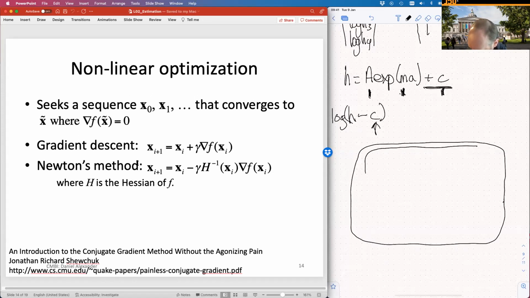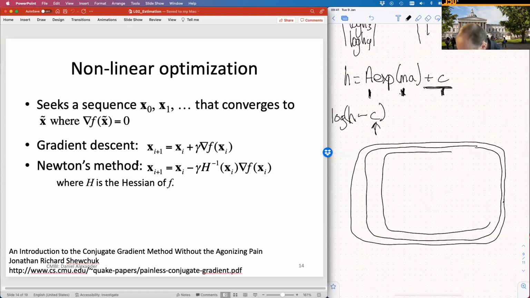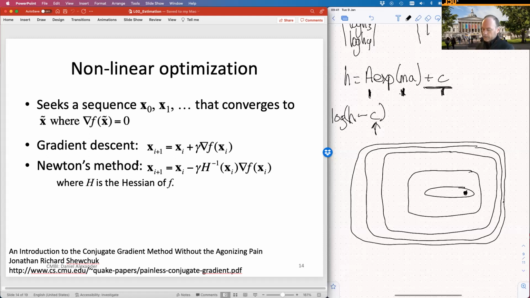Let's say it's got very steep sides, but then has a broad basin at the bottom with a plug hole at the minimum point in the bottom there.